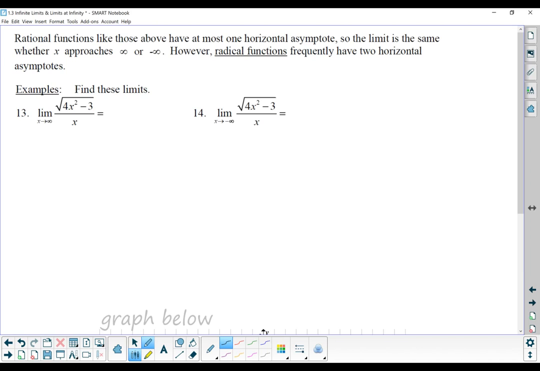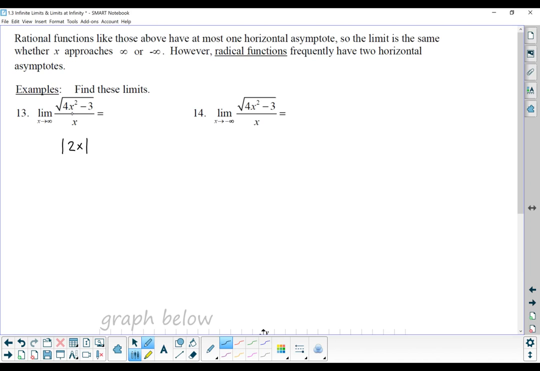So if we think about this 4x squared being under a square root, this is so fun, that's going to basically be the same as the absolute value of 2x. You can probably see where the 2 came from. The 2 came from square root 4. And you can probably see where the x came from.